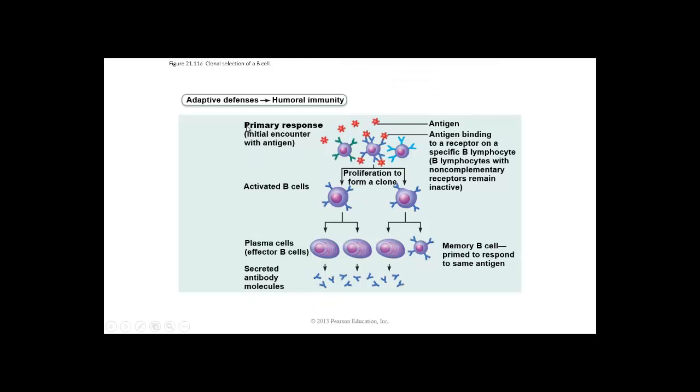So when we have initial exposure to an antigen, let's say when you first get chickenpox, for example, we'll just go with the chickenpox. So we encounter the chickenpox virus. It enters our cells.